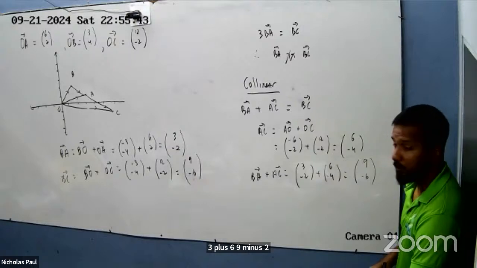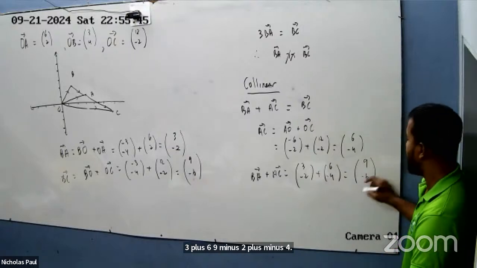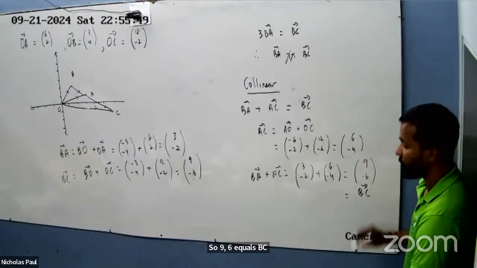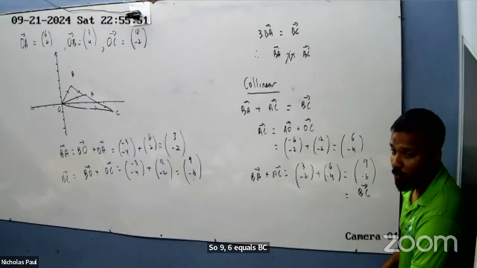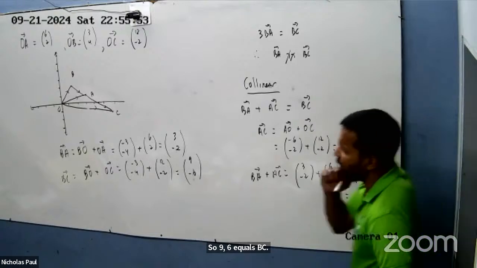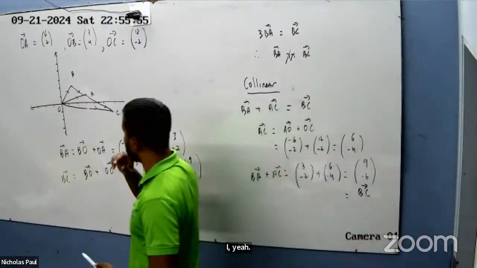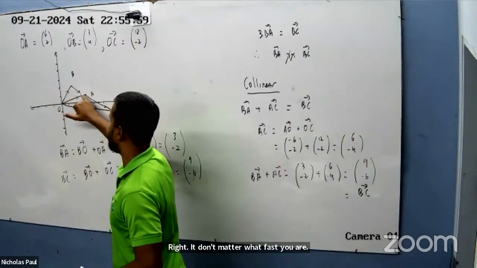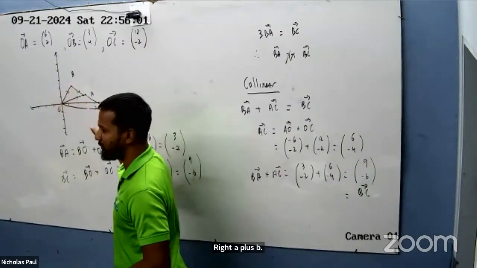Is that okay? So therefore it is equal. So 9, minus 6 is equal to BC. And it's collinear. BA plus AC equals the whole thing.